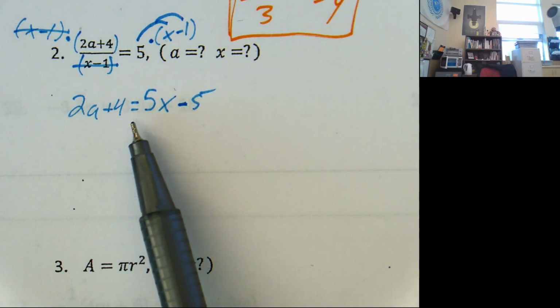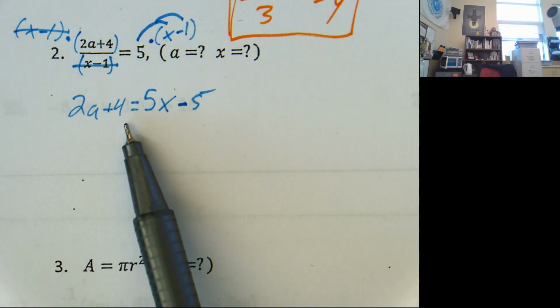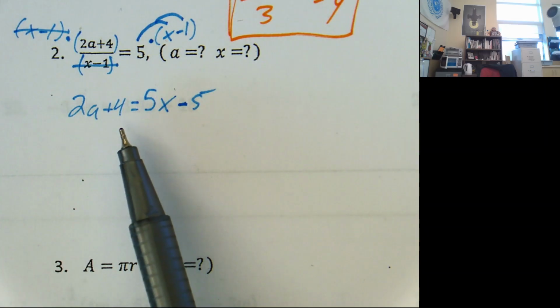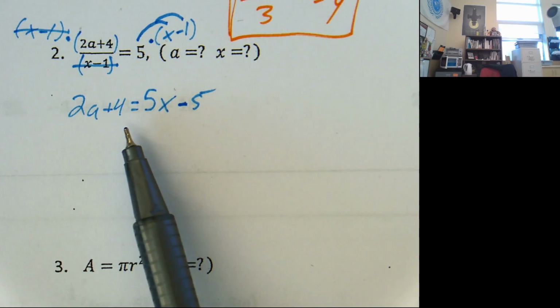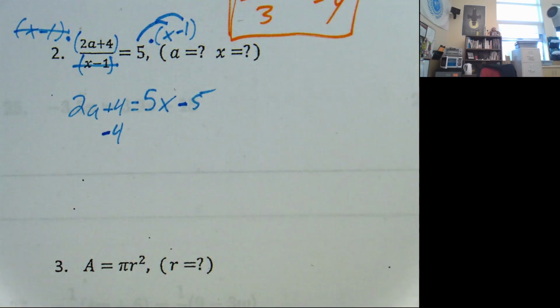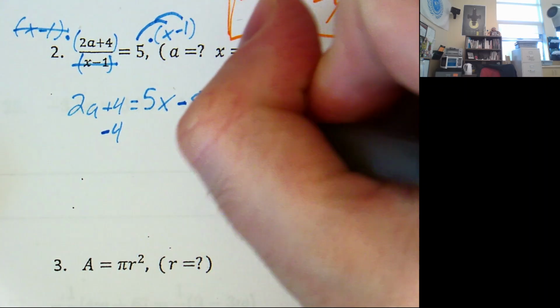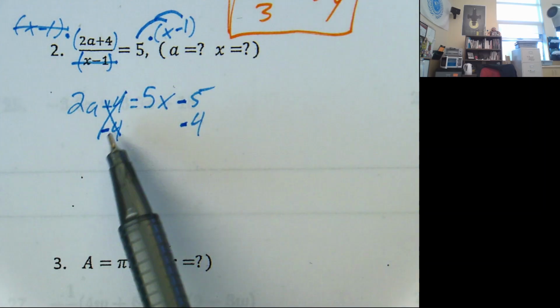No, there are no like terms. You're so close. Subtract 4. That's not what you said. You said the plus 4 and the minus 5. No, we want to take away the 4. We want to subtract 4 on both sides.